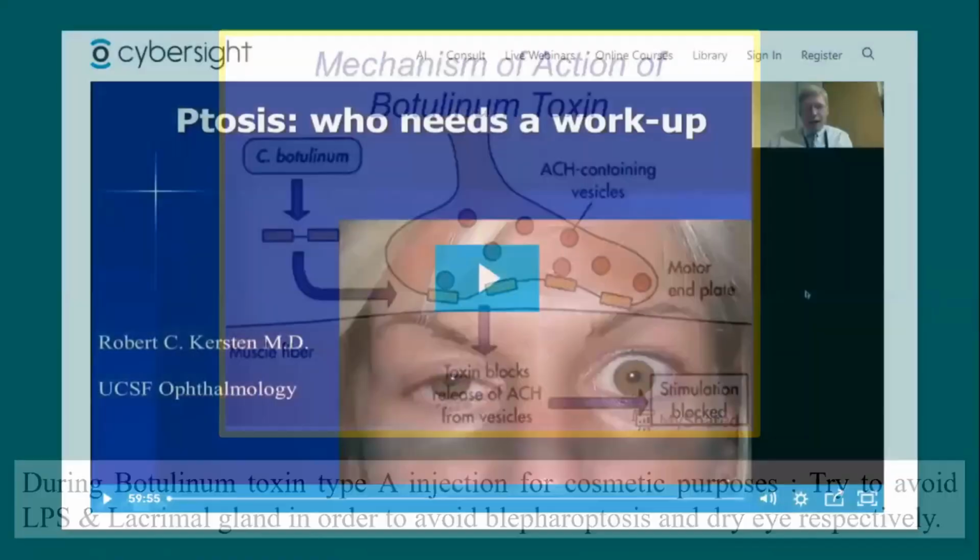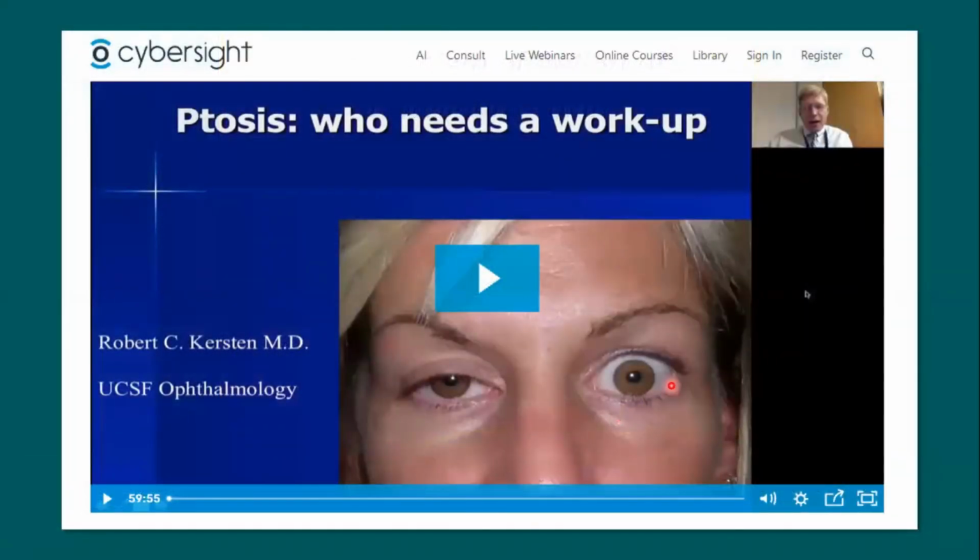Speaking of Botox, this again is from one of the cyber lectures. This lady actually developed ptosis after Botox. Again, I'm stressing the importance of knowing some information about Botox: indications in ophthalmology, contraindications, and complications.